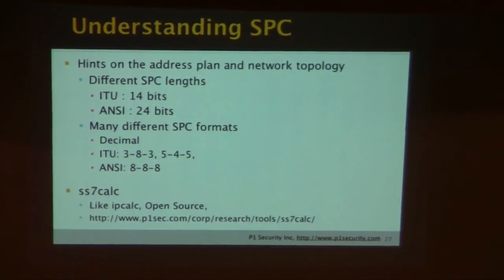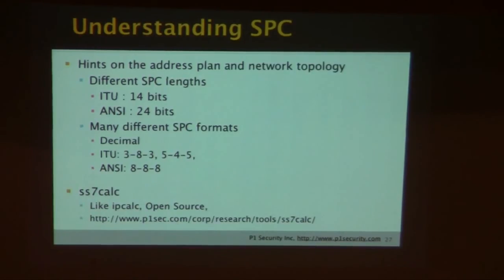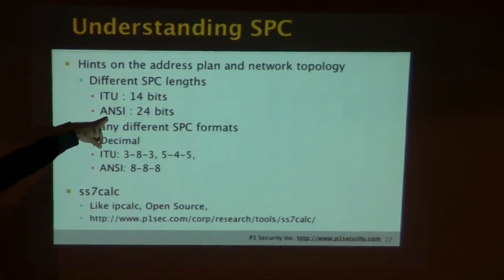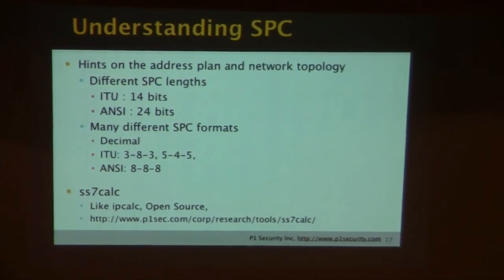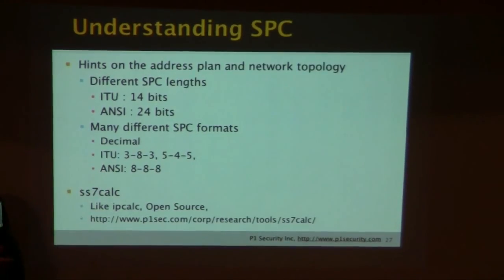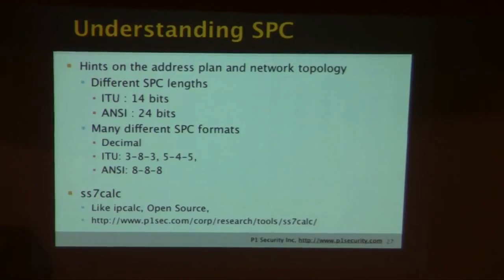Well, I told you it was a bit particular, these SPCs were either 14-bit for Europe and the rest of the world, and 24-bit just for the US. To make things easy, usually we use decimal notation, but some people consider that maybe we could have multiple notations.